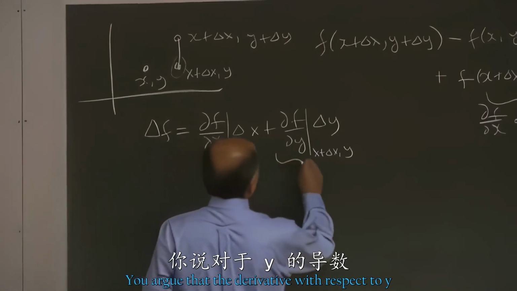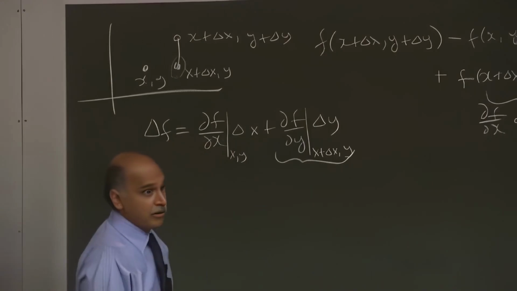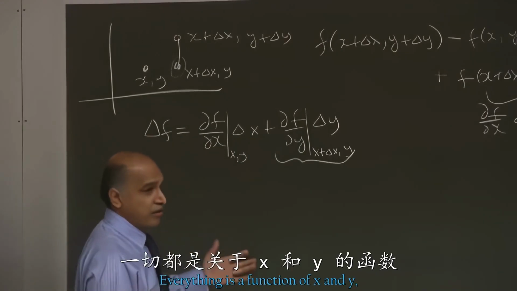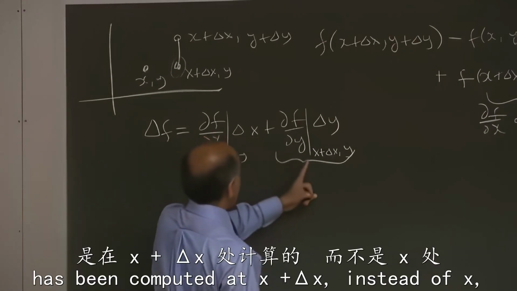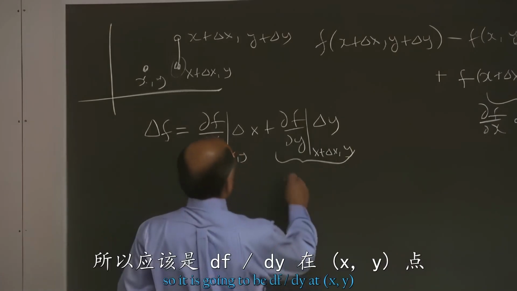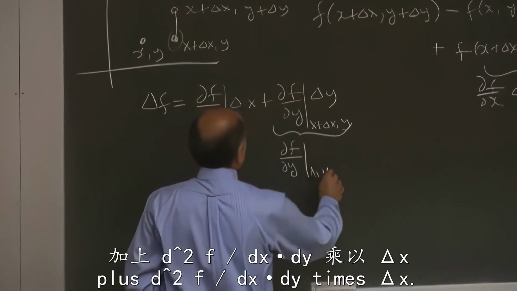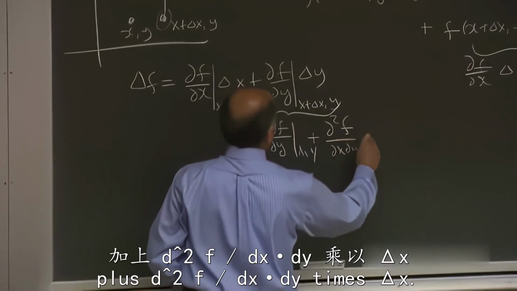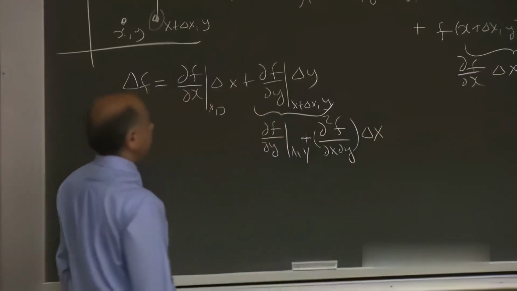You argue that, well, the derivative with respect to y is just another function of y, right? F is a function of y, its derivatives are functions of x and y, everything is a function of x and y. And we are saying this derivative has been computed at x plus delta x instead of x. So it is going to be df dy at xy plus d2f dx dy times a delta x.